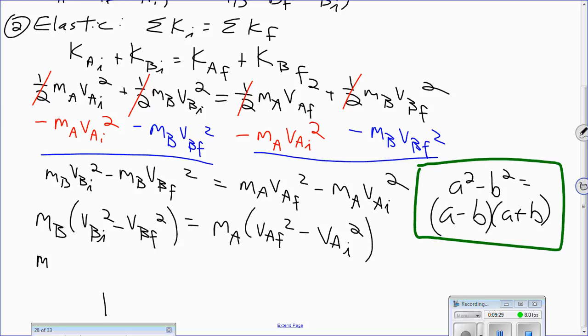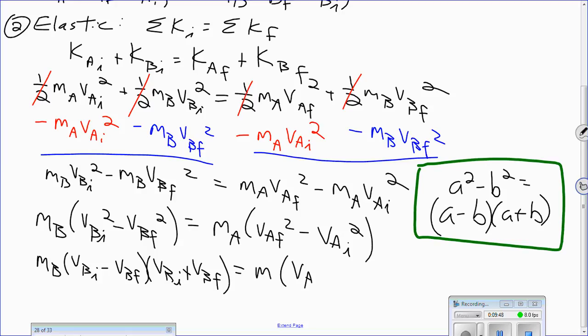So we get the mass of B times VBI minus VBF times VBI plus VBF, right? Equals the mass of A times VAF minus VAI times VAF plus VAI.